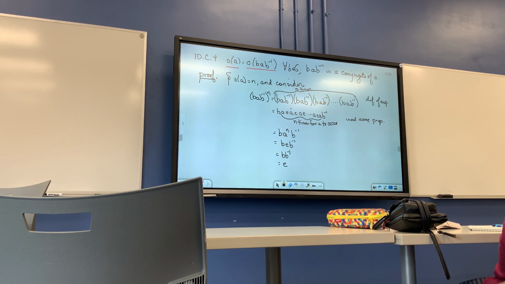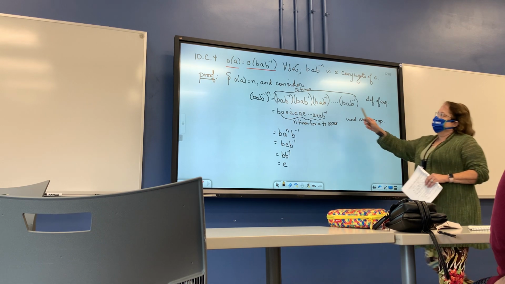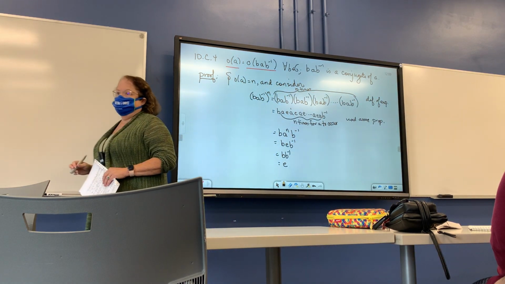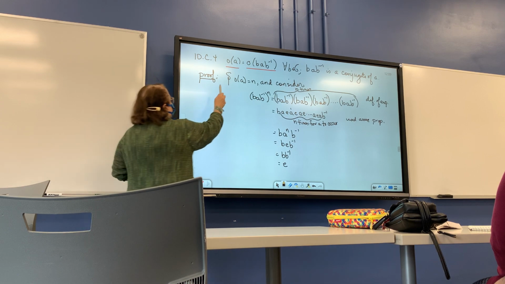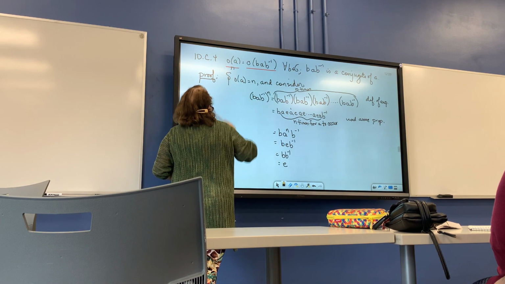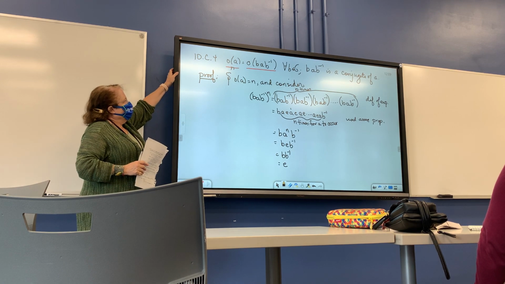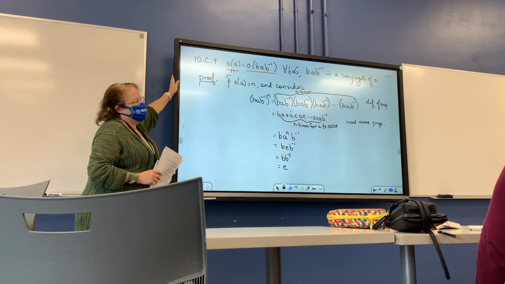So by theorem 5, the order of BAB inverse is going to be n or smaller. It could be smaller. And our proof is that it's not smaller, that it is exactly n, because this is the n right here. So what we just showed, if you want to say it another way, is that the order of BAB inverse is less than or equal to n.